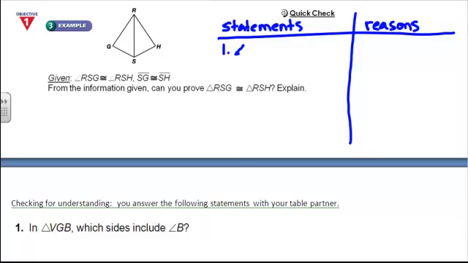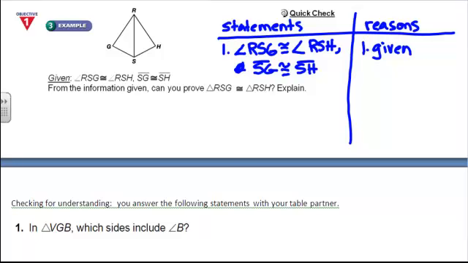I'm given angle RSG is congruent to angle RSH. I'm also given that segment SG is congruent to segment SH, and this is given to me.